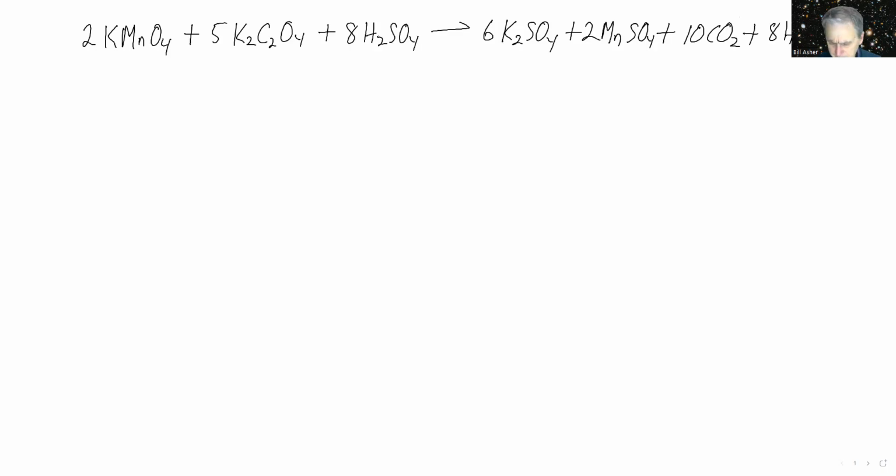I think that's what I had down in the last one, right? So this is the balanced chemical reaction.